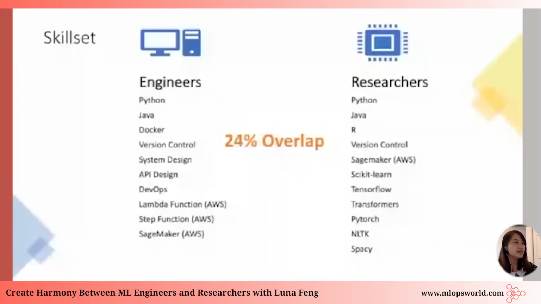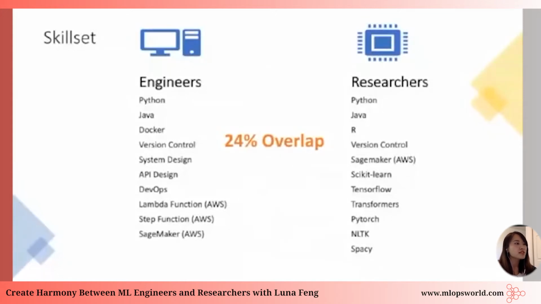So first, let's take a look at the skill sets of those 2 roles. Engineers usually have skill sets such as Python, Java, Docker, version control, system design, API design, DevOps, Lambda function or Step Function, and SageMaker in AWS.